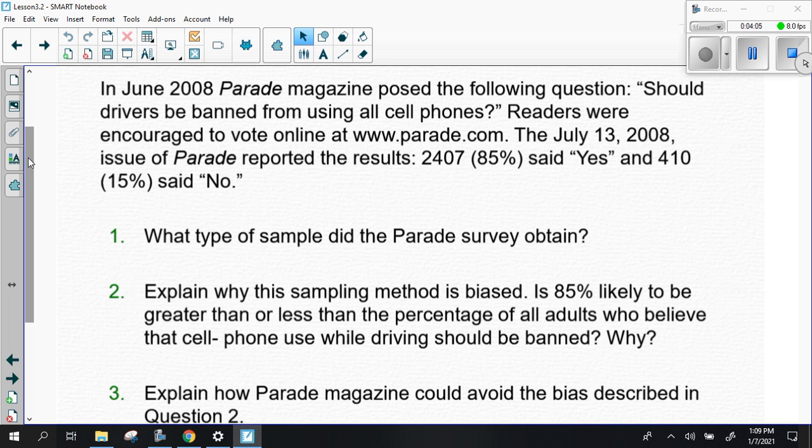And they reported the votes: 2,407 people said yes, while 410 people said no. What type of sample did the Parade survey obtain? Well, they asked people to go ahead and submit their responses. And so this is another example of a voluntary response sample.